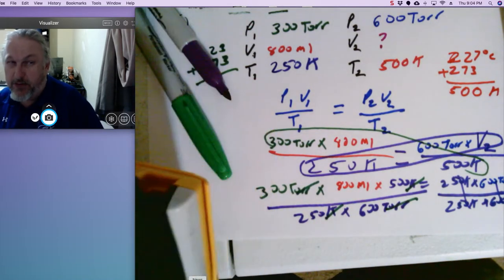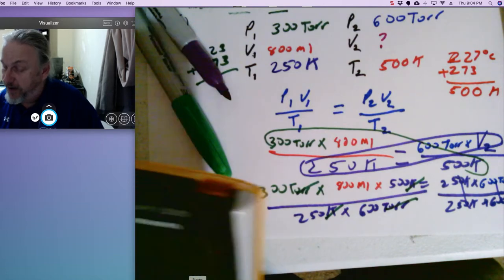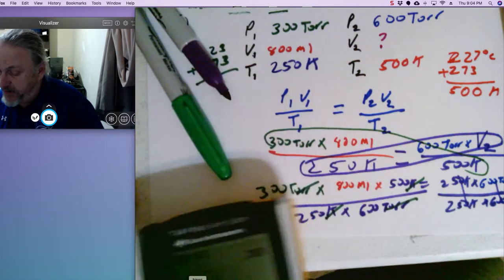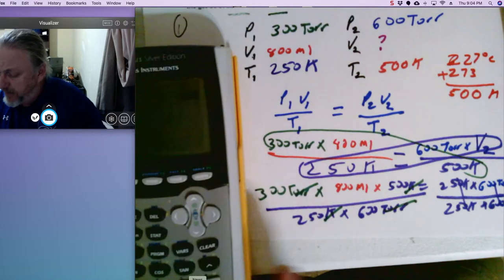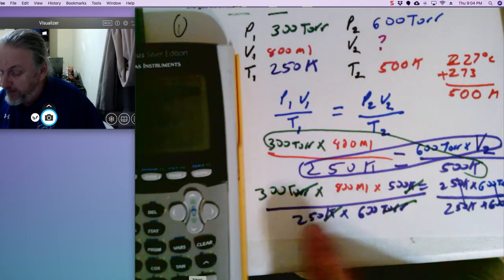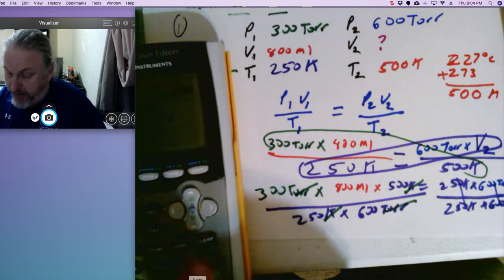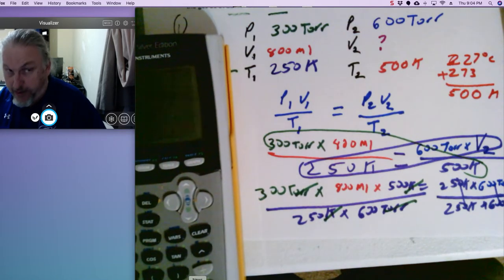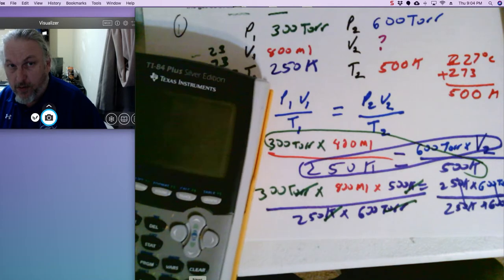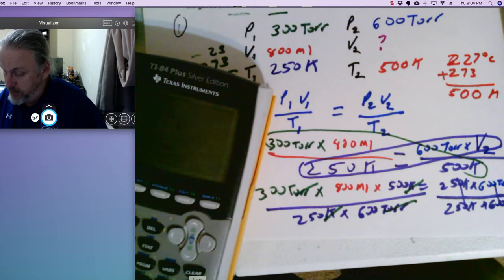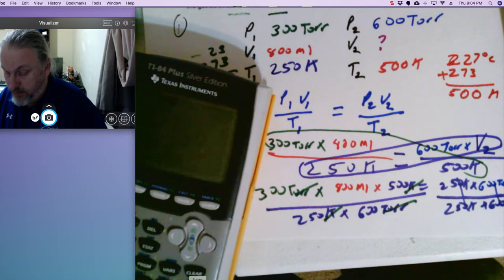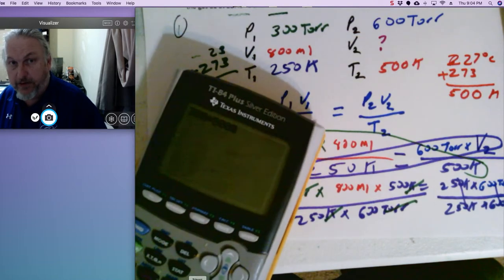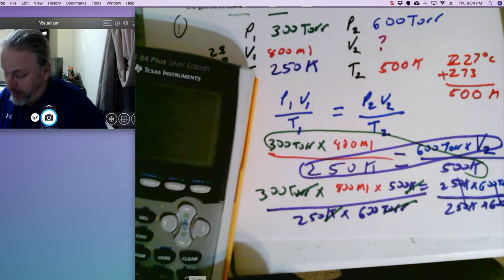And guys, I'm going to show you a shortcut that would be very helpful for you on standardized tests. You don't have to do the numerator and then divide by the denominator. Let's do it like this. I'm going to hit in 300 times 800 times 500.